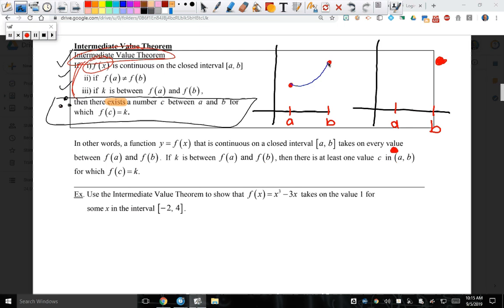Now, John, come on up. I want him to do something drastically different that still is a function and is continuous. Go for it. Okay, is that drastic enough?